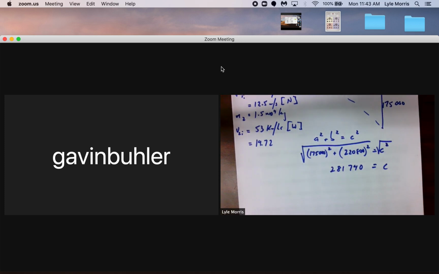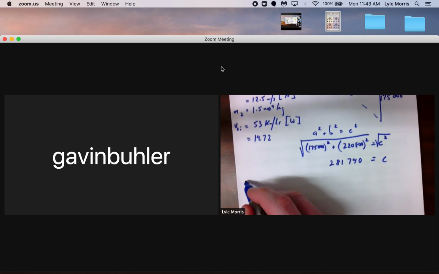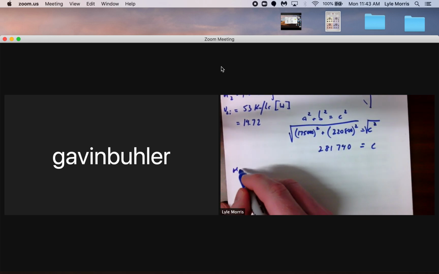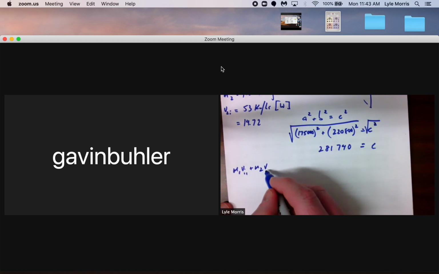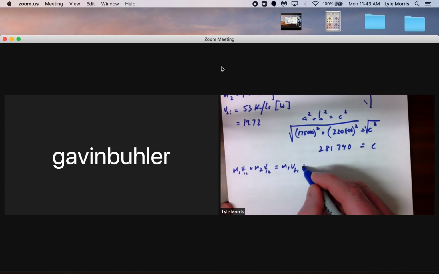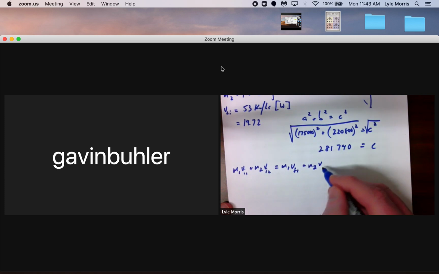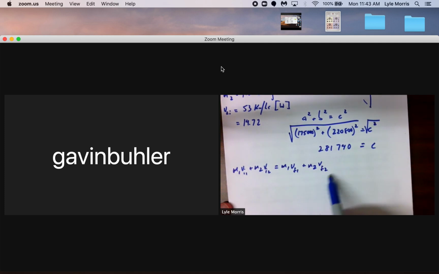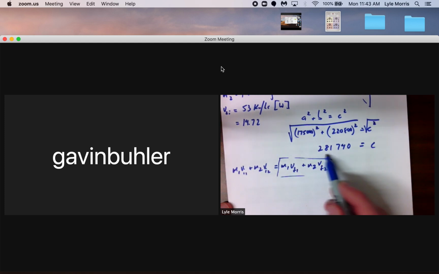Now, to look at it one way, M1 Vi1 plus M2 Vi2 equals M1 Vf1 plus M2 Vf2. Right now, we have the total momentum of this whole side. That's what this is.